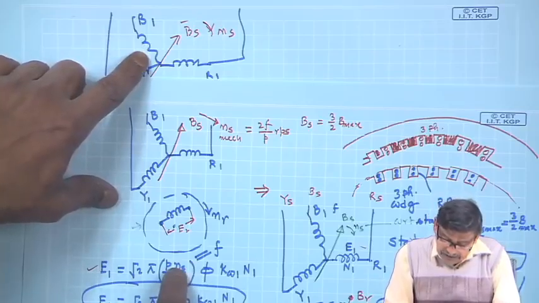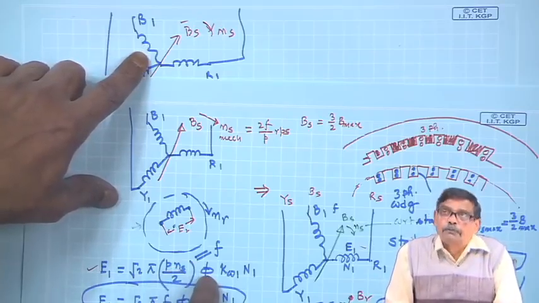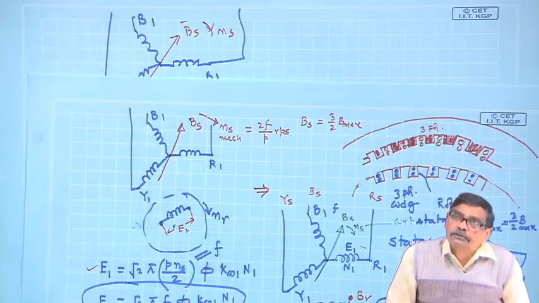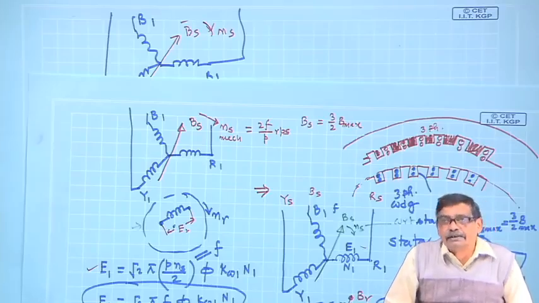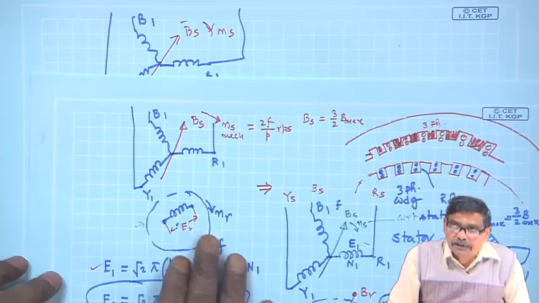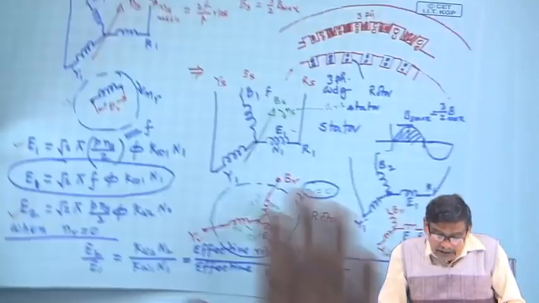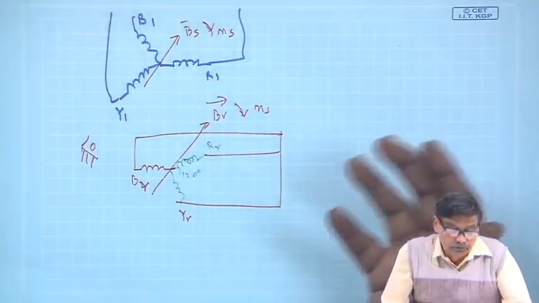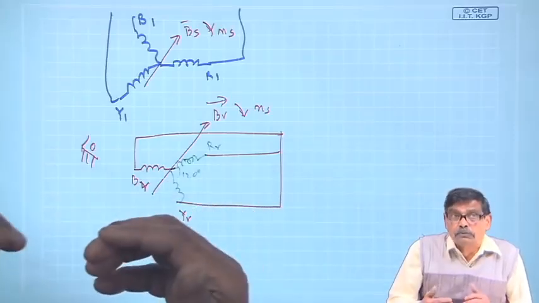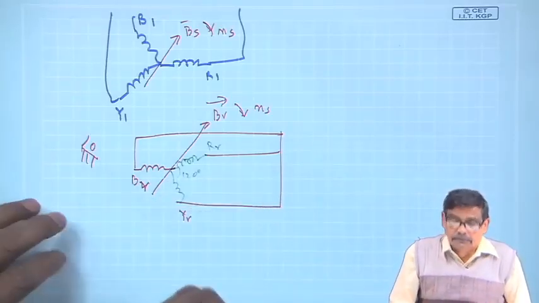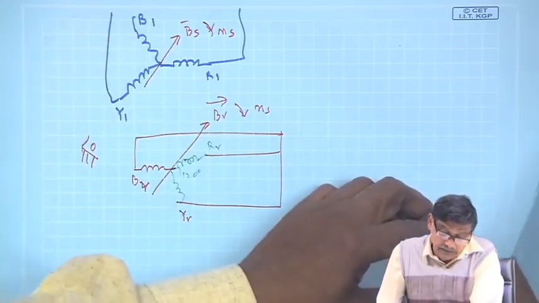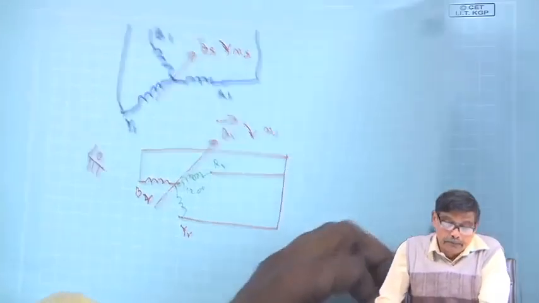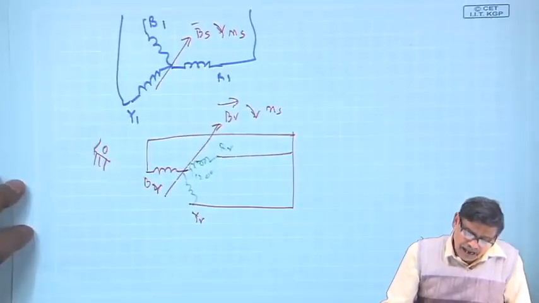This term remains the same, but which flux per pole should I use? Understood. These are the issues. This can be very nicely explained, and this will come slightly later. But I leave this question to you to think over again and again. Achha, before that, I am also not sure.